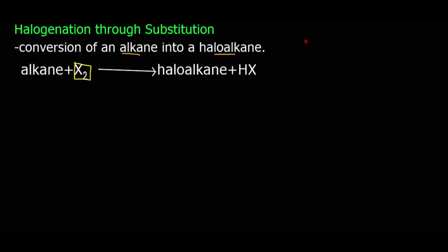So it can be fluorine, chlorine, bromine, or iodine. For the reaction condition, we use ultraviolet light or sunlight. You can write this as UV, or write it in full. And then we can also use heat. For heat you can write this symbol, or write it in full. So we will produce a haloalkane. Let's look at how we produce this haloalkane.